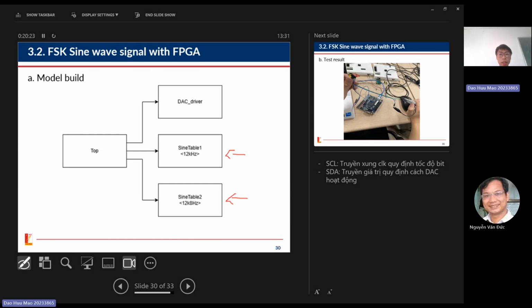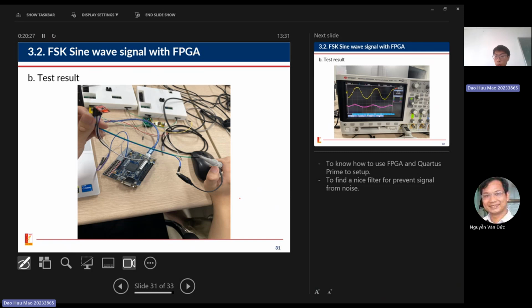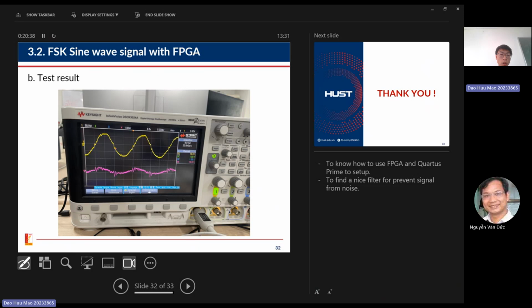We also have test results, tested using our FPGA, but the result is not perfect. We receive the signal from the oscilloscope, but that's not a sine wave signal.